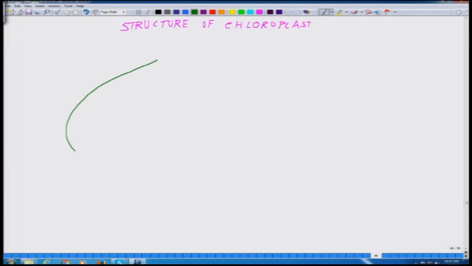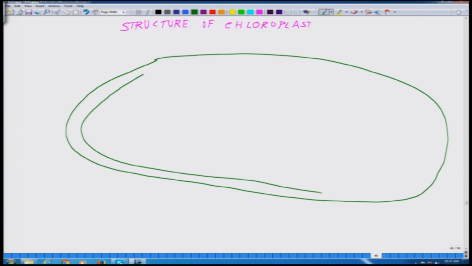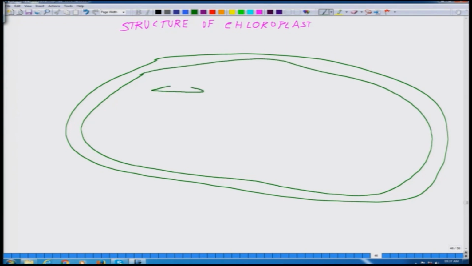So, the structure is, this is the outer layer, something like this, a structure whose dimension is around 2 to 3 micron, and on it you will see something like this. These are those gunny bags which are present there. These are the connectors like this. Okay.